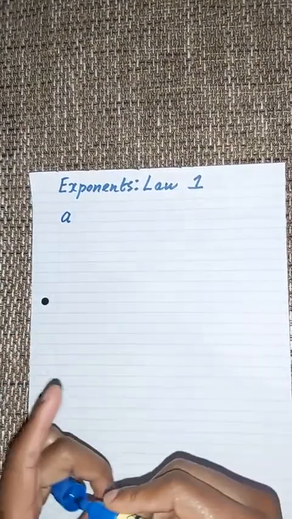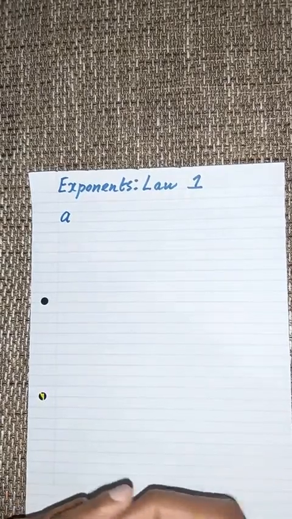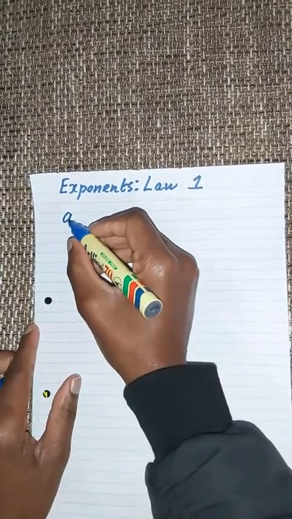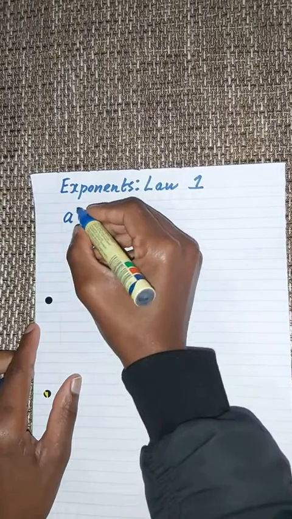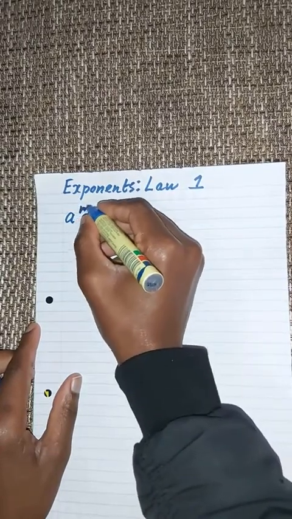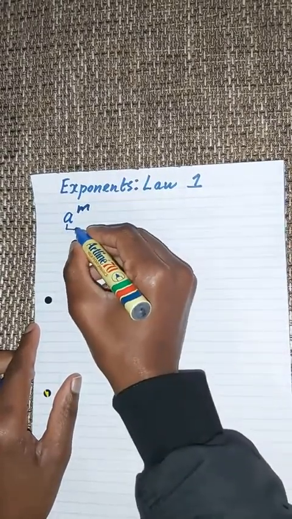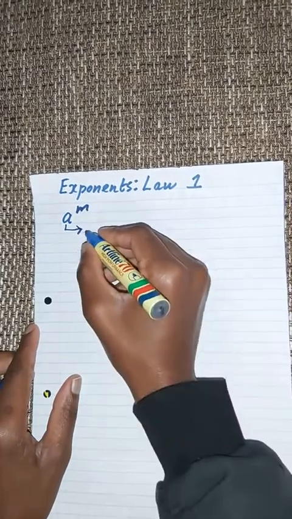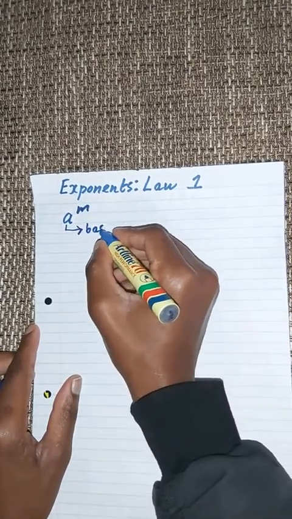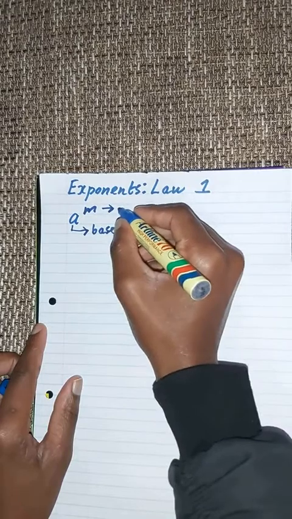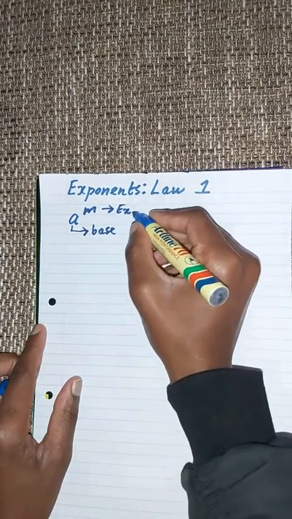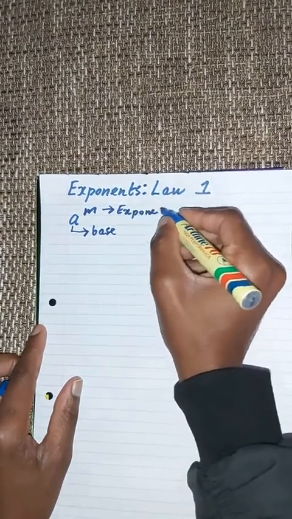before I explain this, let me start off by making you understand the difference between an exponent and a base. If I have a to the power of, for example, m, a is known as my base and m is known as my exponent, right?